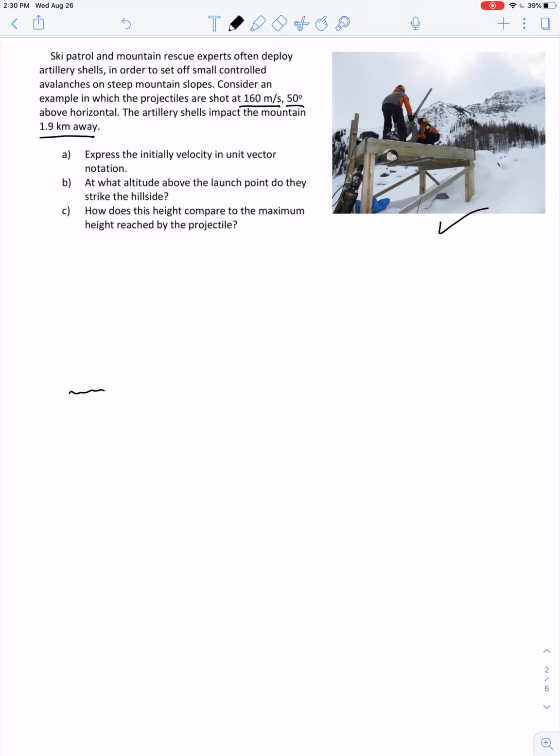So maybe you got something sort of like level ground. It starts to go uphill and then approaches a steeper mountain peak. So down here is the artillery that's going to shoot the projectile, and it's flying out of the barrel with a speed of 160 meters per second.